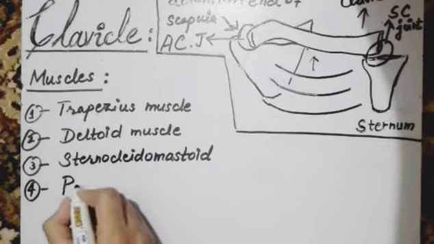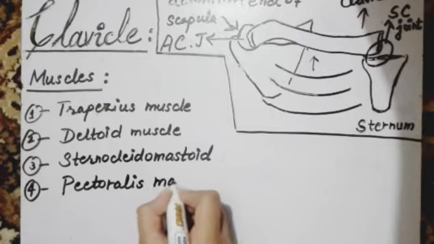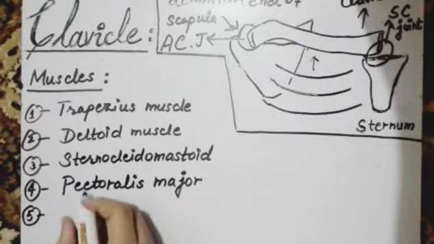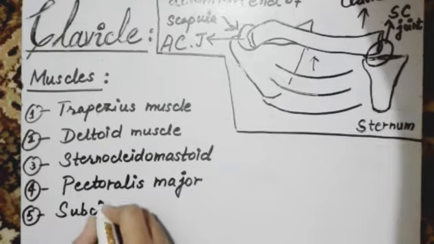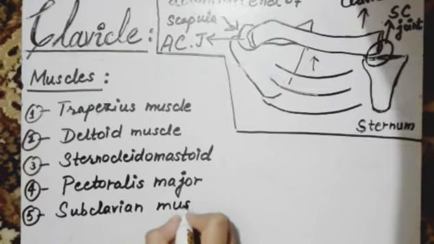It's so common, I've heard this name so many times. Pectoralis major, pect major. And the fifth one is the subclavian muscle. It's above the subclavian groove, we'll discuss it later on.